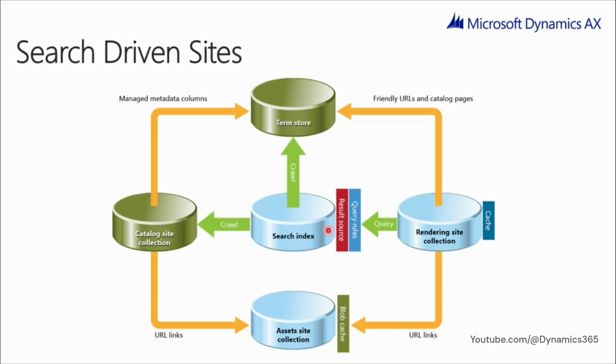The last but not the least is the rendering site collection, which is the actual storefront site collection. This holds the entire online store. As an administrator, you can define the result sources based on the content available from the search index. One way to quickly understand the concept of a result source is to think of it as a reusable query.